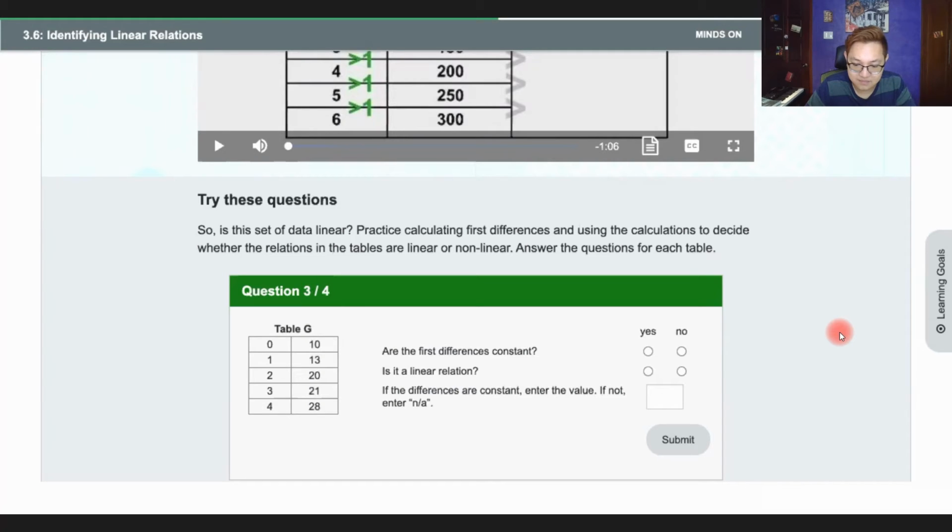Table G. Are the first differences constant? Is it a linear relation?